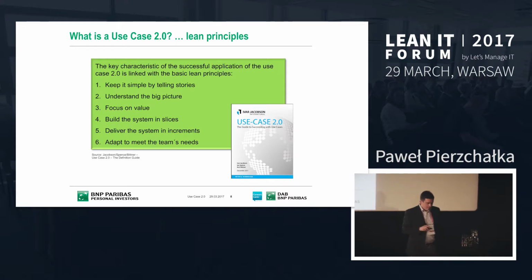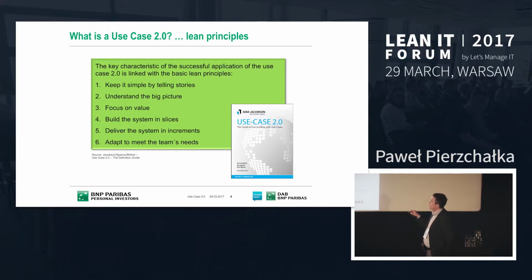The use case approach is very present, and one of the guys, Ivar Jacobson, in 2011, put all the concepts related to use case and his experiences together, and he created a Use Case 2.0 guide. He defined the key characteristics for the successful application of Use Case 2.0.